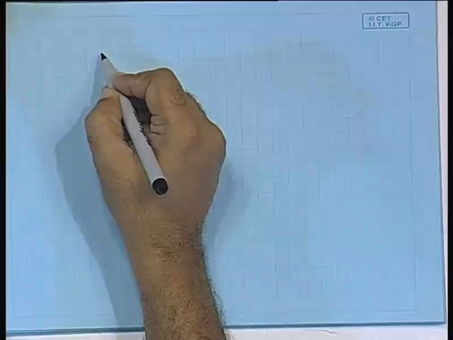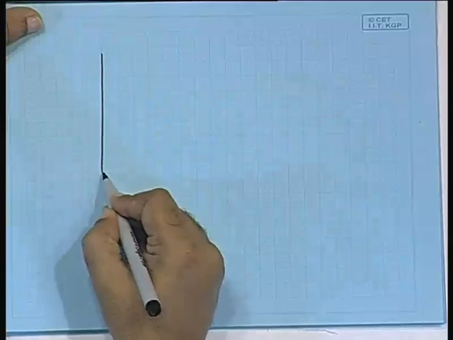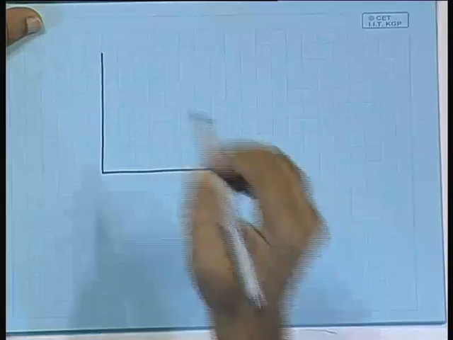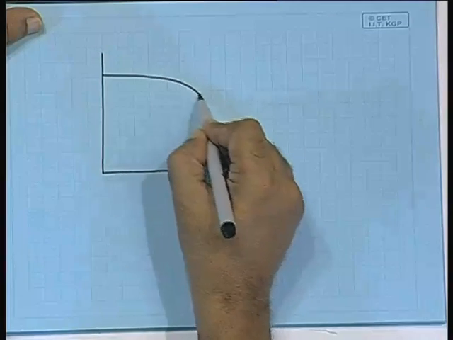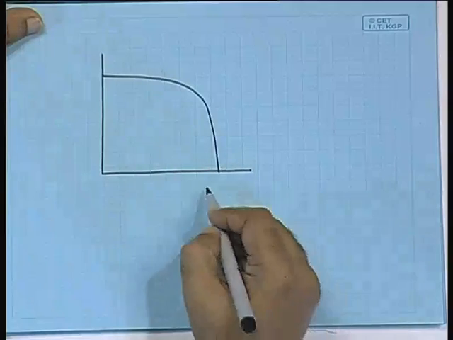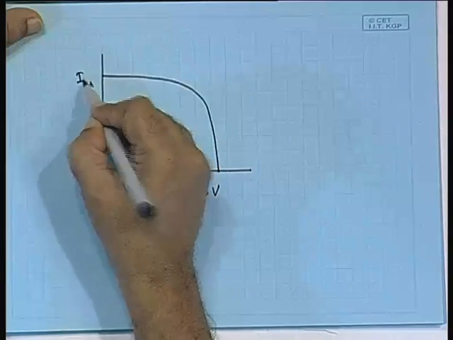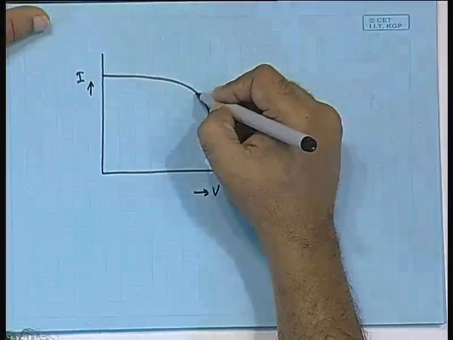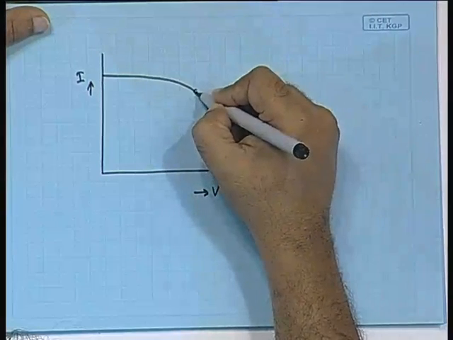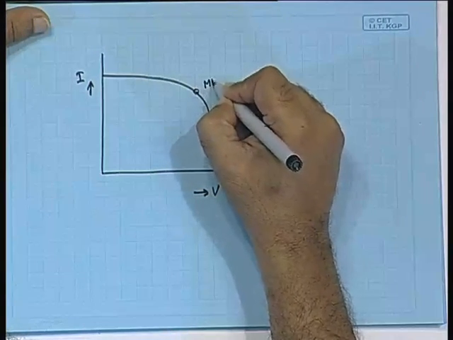But now you have noticed that the characteristic of the photovoltaic panel is something like this, where this is the voltage axis and this is the current axis, and here is a maximum power point.